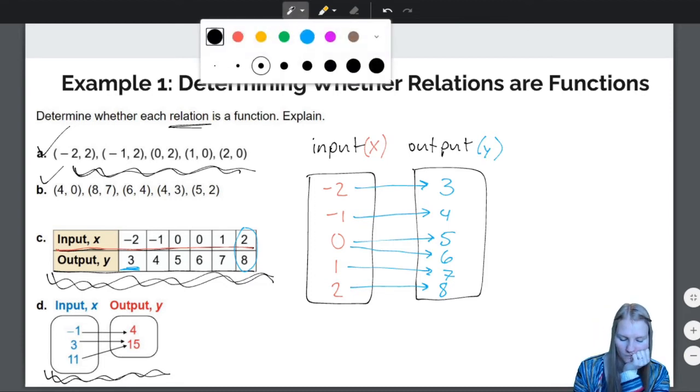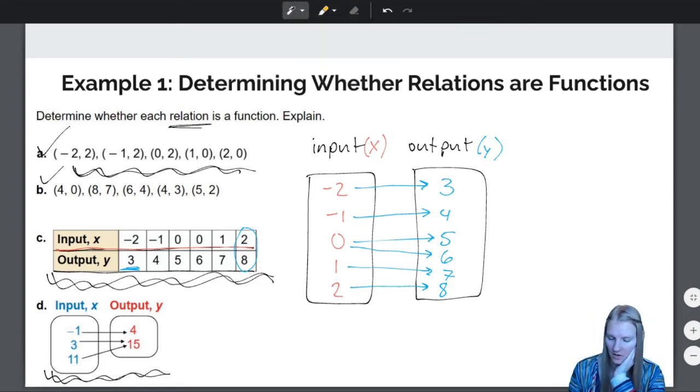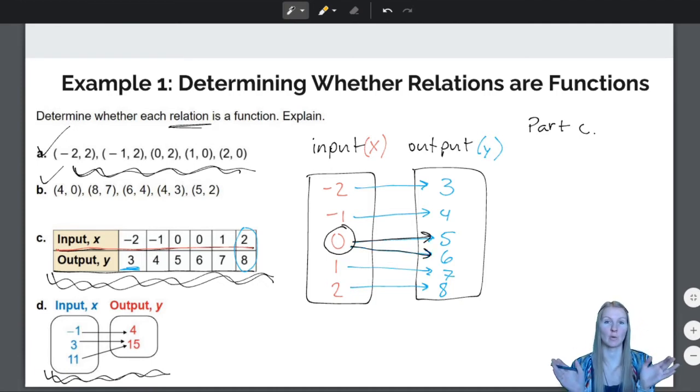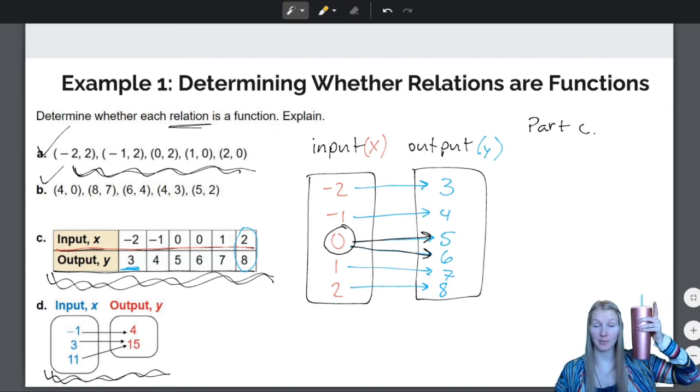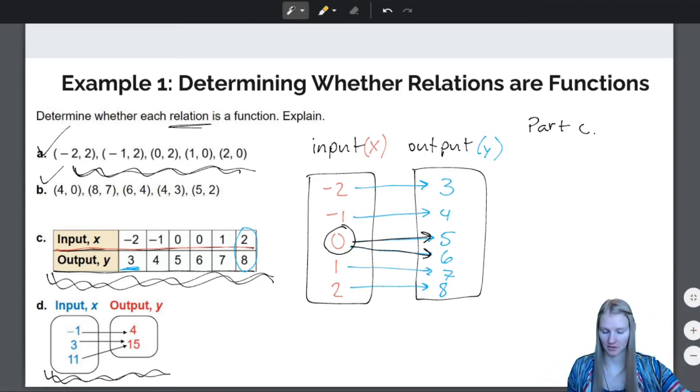Now, is this a function? Part C. Is it a function? Well, I notice that 0, one input, is pointing to 2 different outputs. And that's not okay. Not for a function, it's not, because 1 cup shouldn't cost 2 different amounts.